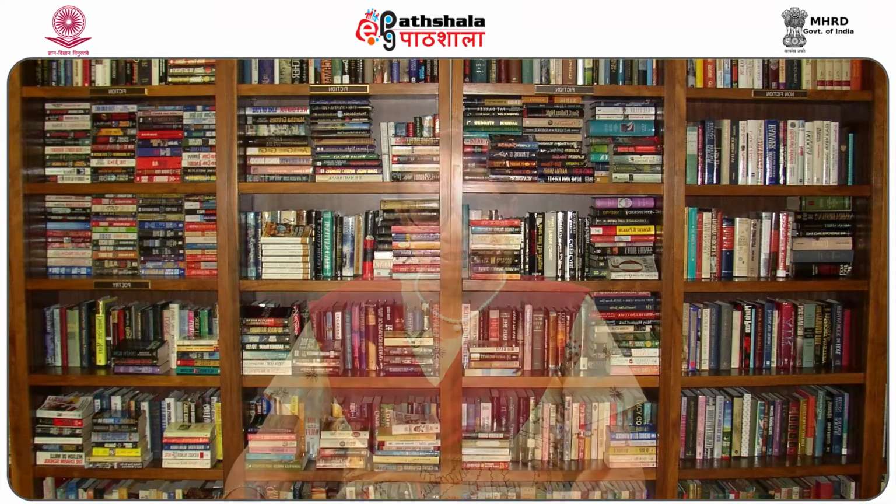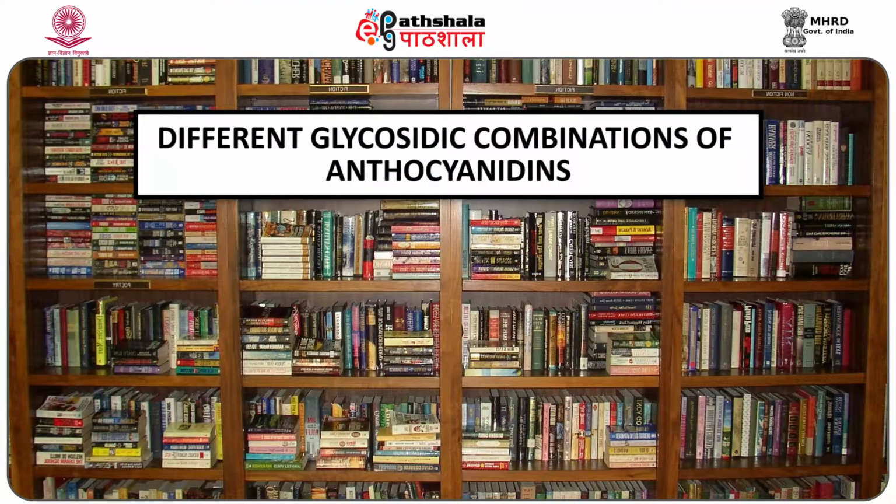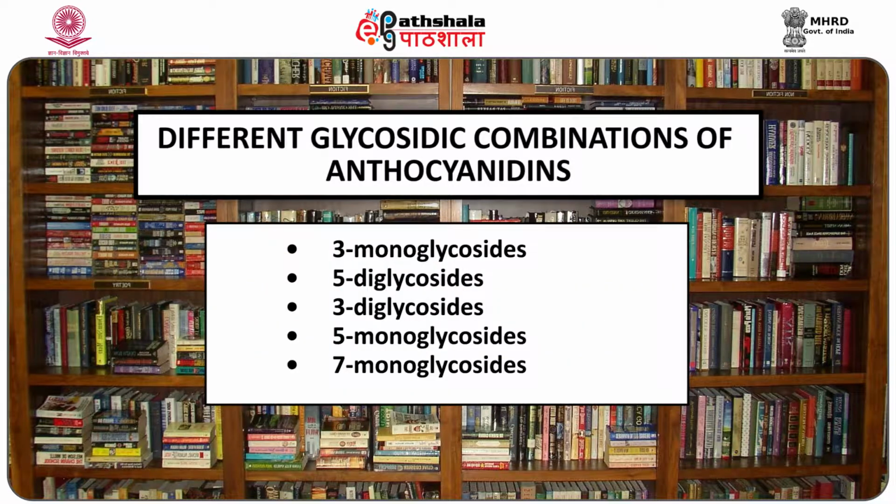Sugar units are bound mostly to position 3 of the C ring and they are often conjugated with phenolic acids such as ferulic acid. They may be present as mono or diglycosides. Different glycosidic combinations of anthocyanidins are 3-monoglycosides, 5-diglycosides, 3-diglycosides, 5-monoglycosides and 7-monoglycosides.